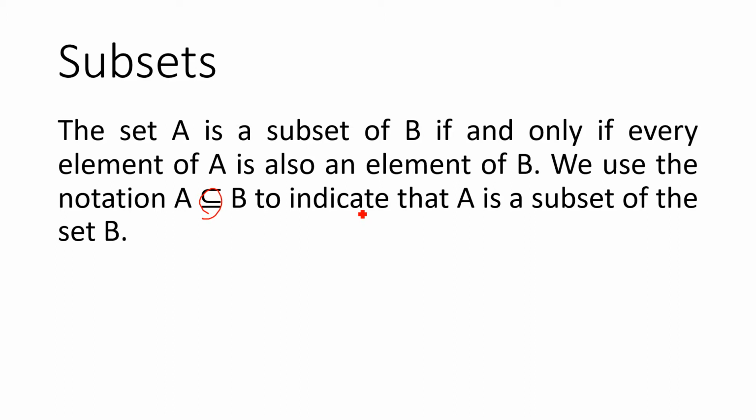So we could have a set A is a subset of set B if and only if, the biconditional, for all x, in which x is an element of A implies x is an element of B. So that is our explanation in this case.